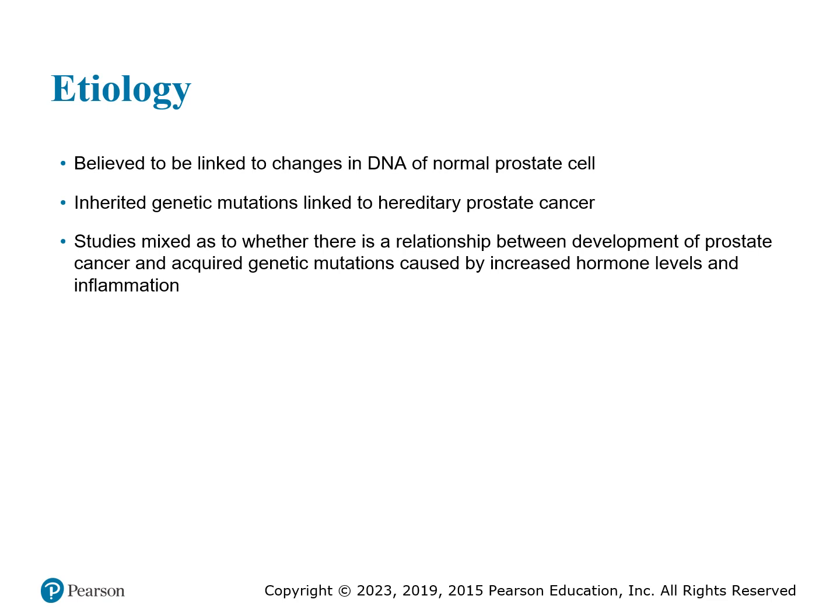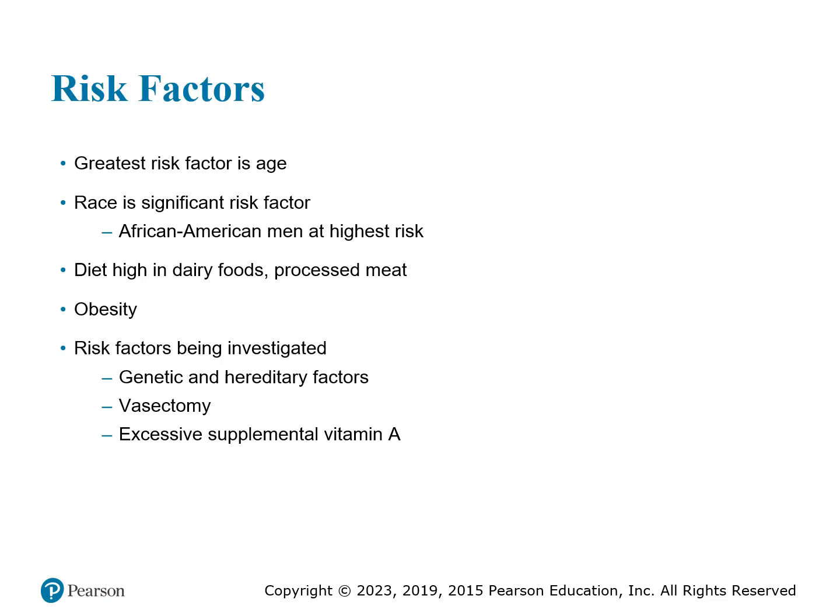Men with these mutations have increased risk for prostate cancer. Research has suggested a relationship between acquired genetic mutations caused by increased hormone levels and inflammation and the development of prostate cancer, and other studies have not found this to be correlated. Additional research is needed in this area.